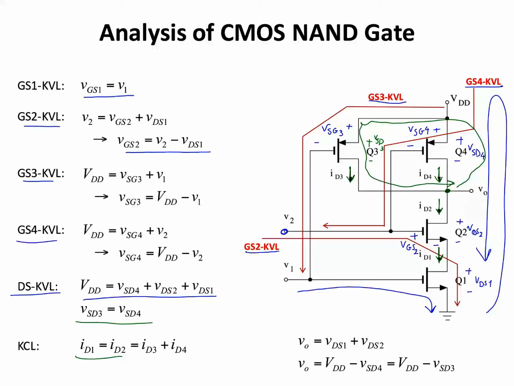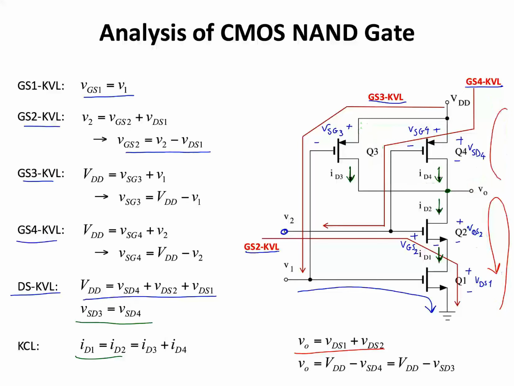In terms of the output voltage, I can use this loop, which tells me that Vout equals VDS1 plus VDS2, or using the other loop, Vout equals VDD minus VSD4, which is the same as VDD minus VSD3.